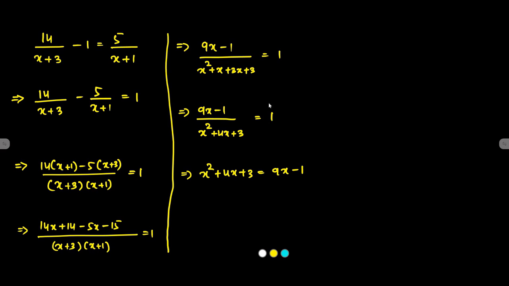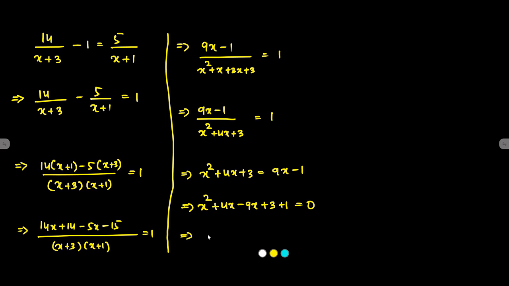Okay, equating both sides, because this gets multiplied with 1, so we have x square plus 4x plus 3 is equal to 9x minus 1. That implies x square plus 4x minus 9x plus 3 plus 1 is equal to 0.